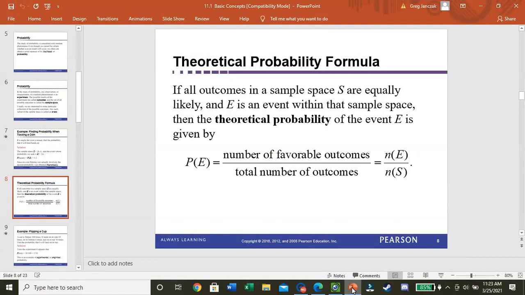Okay. So this is what I was showing on the board here. Number of favorable outcomes or number of successes over the total. So this is where we were working with counting in the last chapter. n is the number of favorable outcomes or number of events over the number of total outcomes.